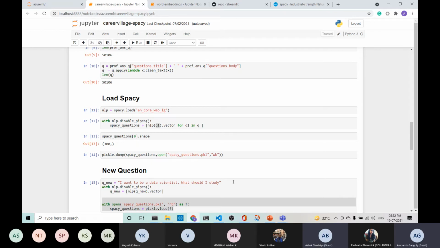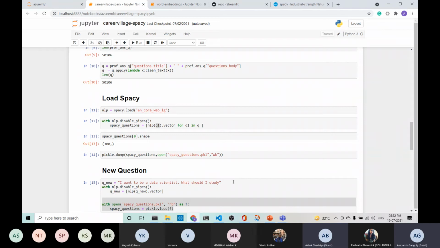When a new question comes up, it's another sentence vector, and I'm doing a cosine similarity with each one of them, picking out the questions which have the highest similarity and displaying them to the user.